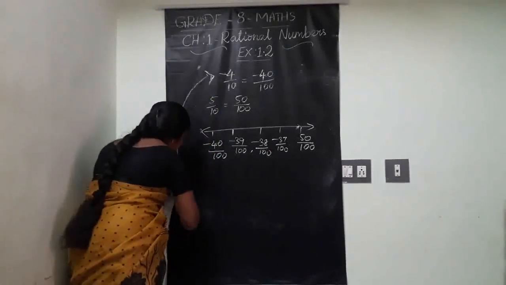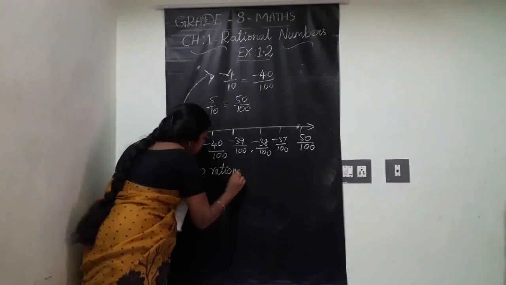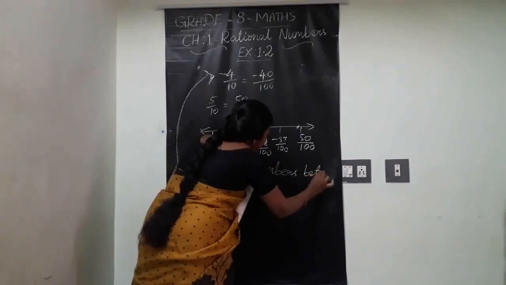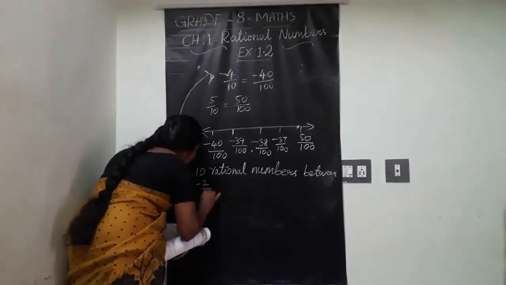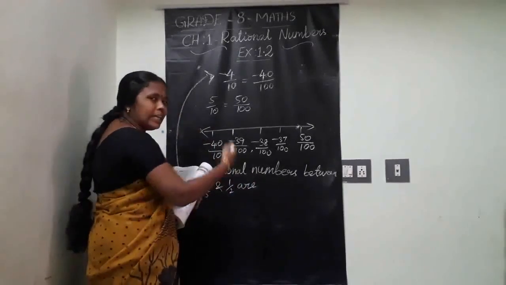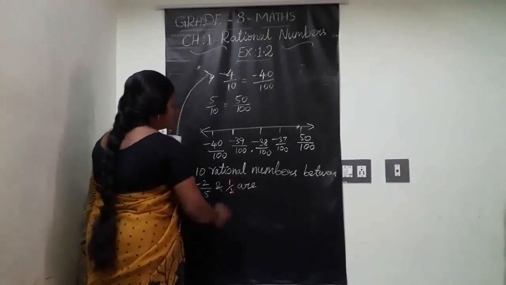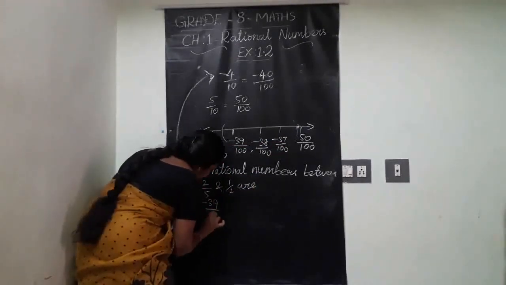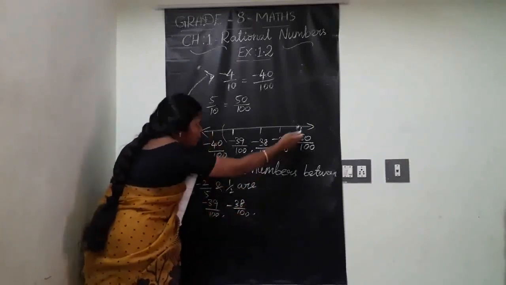So, we can write here, therefore, 10 rational numbers between minus 2 by 5 and 1 by 2, the given rationals I have taken. Clear? Both are equivalent only, no? So between minus 2 by 5 and 1 by 2, for 10 rational numbers select from this: minus 39 by 100, minus 38 by 100, then positive wise also up to 50 we have.